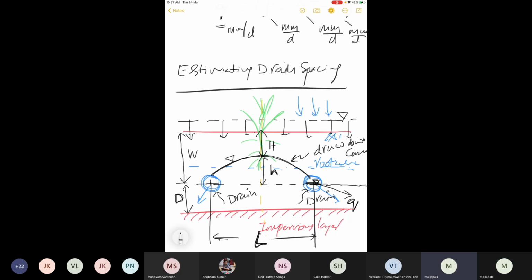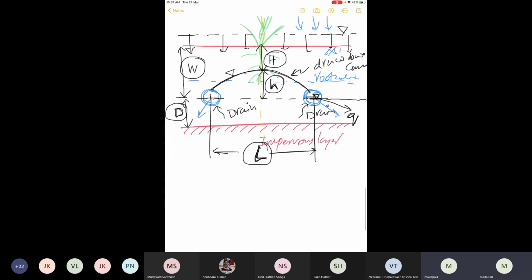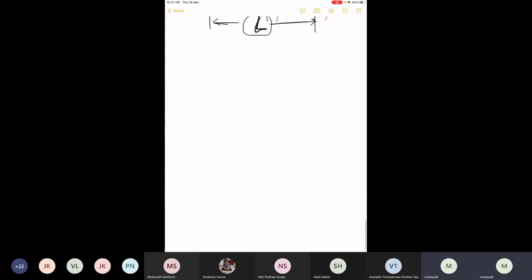Okay, all right. So important parameters are W, D, H, small h, and L. You have to keep these in your mind, these are basically the terminologies we'll be continuously using.